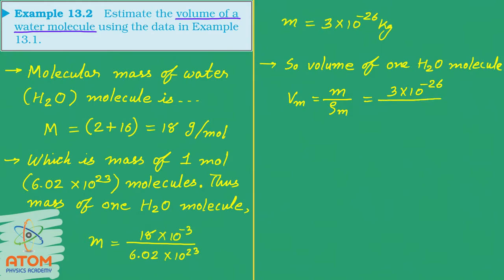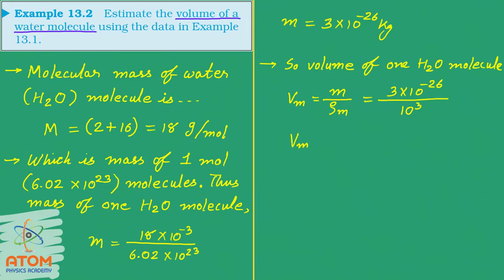And for the density of the molecule, when we need the density of a molecule, we can take the density of water, because in water all the molecules are very close to each other, so we can ignore the little space in between them, and so the density of water itself can be taken as the density of H2O molecule, and the density of water is 10 raised to 3 kilogram per meter cube.